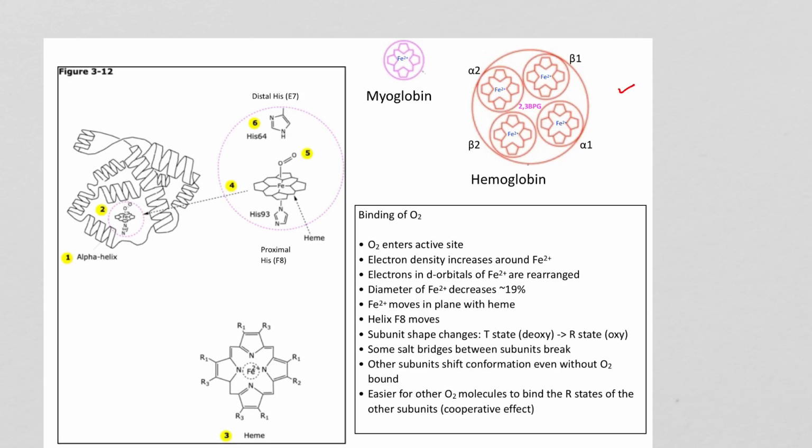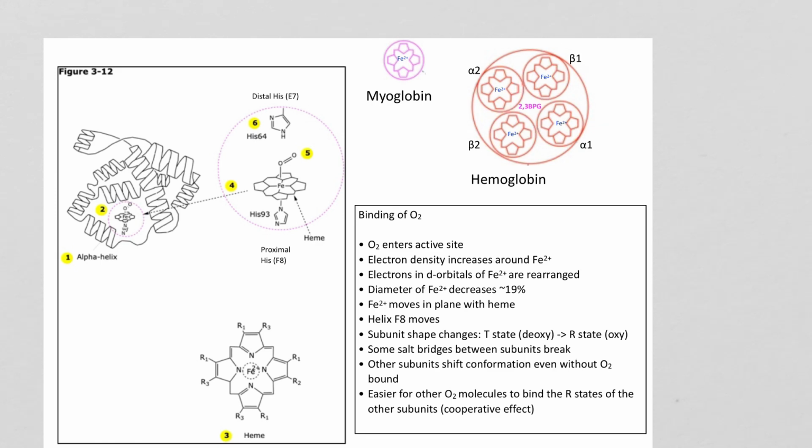Hemoglobin, on the other hand, has 4 polypeptide chains that are connected to one another. Without the oxygen bound, we call the deoxy state of the subunits the T state. Remember that these subunits are connected to one another by weak interactions, including electrostatic or ionic interactions or salt bridges.